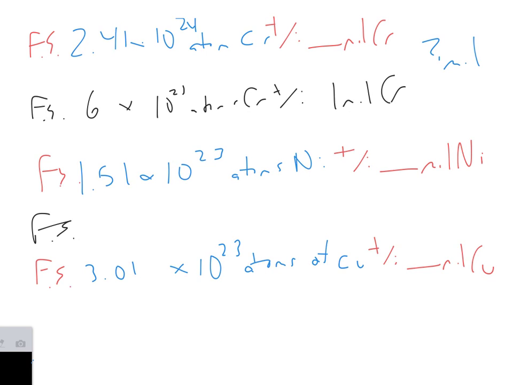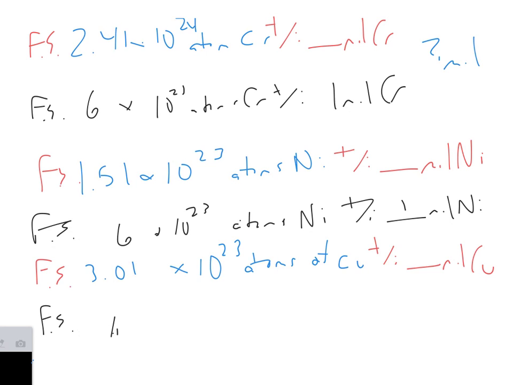For every 6 times 10 to the 23rd atoms of nickel, there is 1 mole of nickel. And for every 6 times 10 to the 23rd atoms of copper, there is 1 mole of copper.